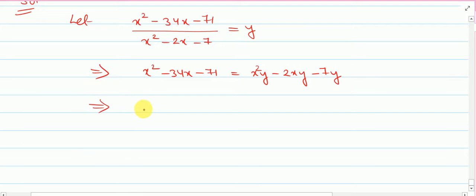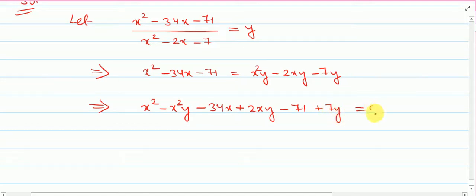Now next, bring all the terms which you have on the right hand side to the left hand side. So you get x square minus x square y minus 34x plus 2xy minus 71 plus 7y is equal to 0.